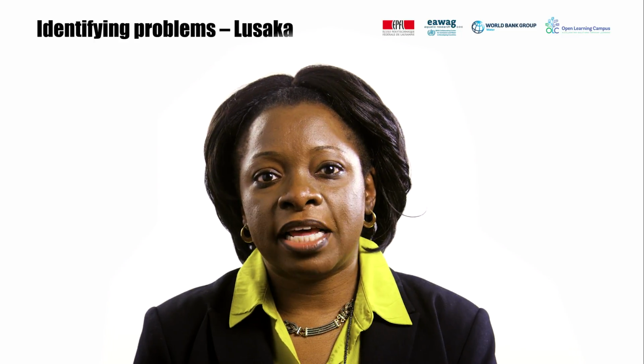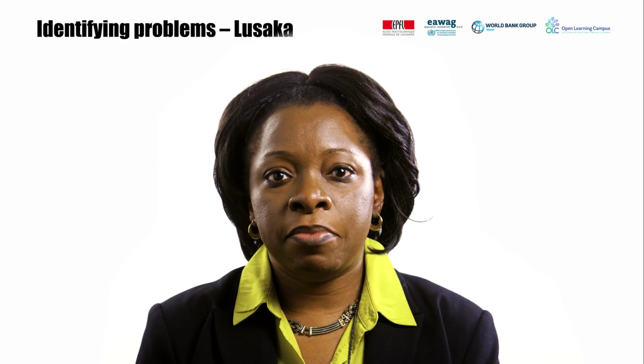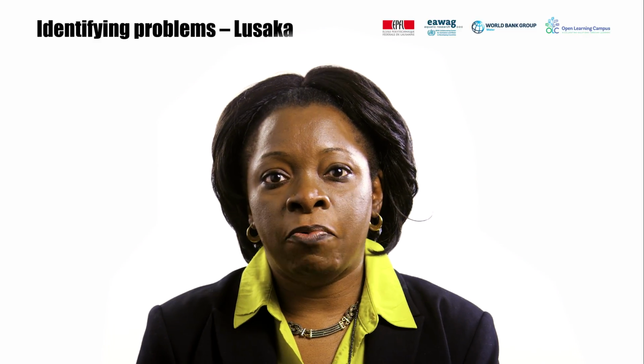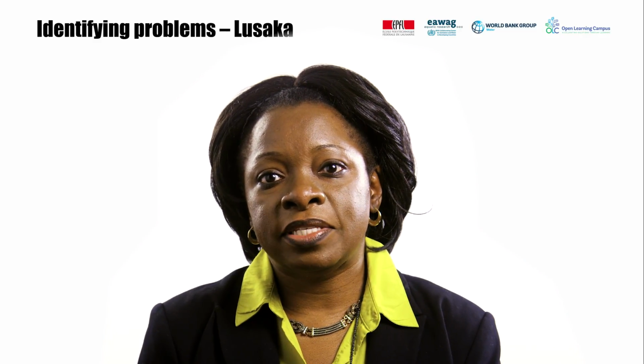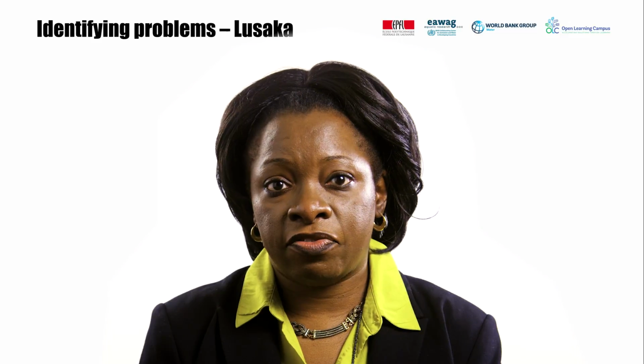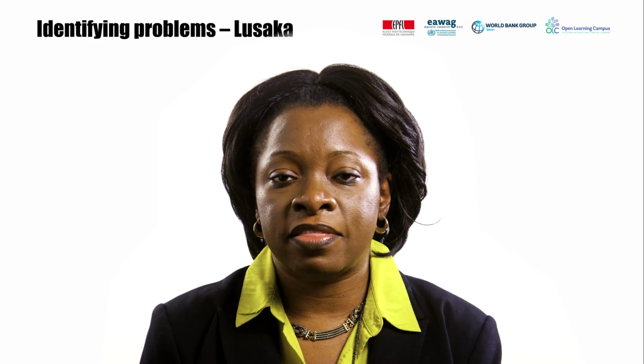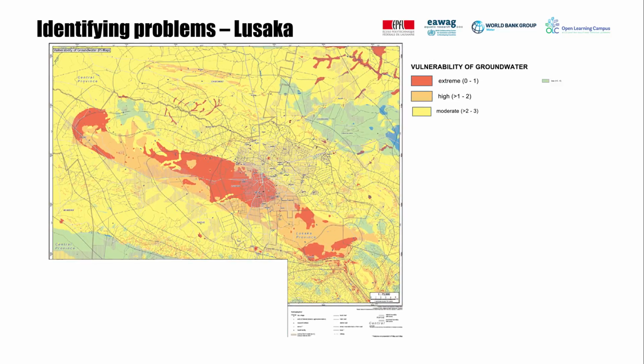Groundwater pollution from sanitation systems can be an important consideration in a city. By way of example, Lusaka draws almost half of its water supply from karstic aquifers beneath the city, and so a groundwater vulnerability map was prepared in order to understand this issue better.